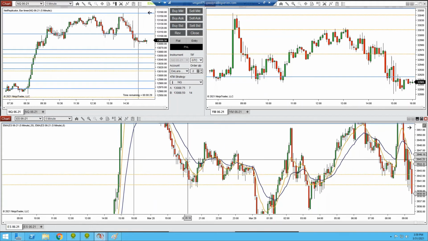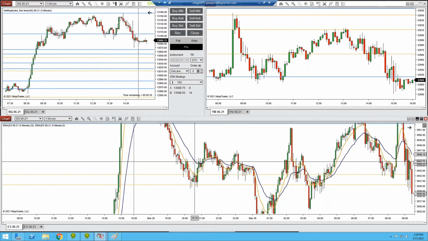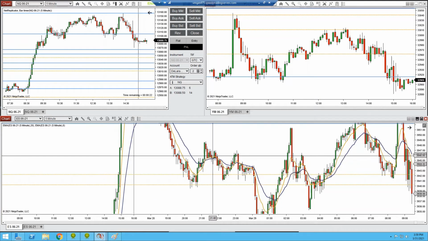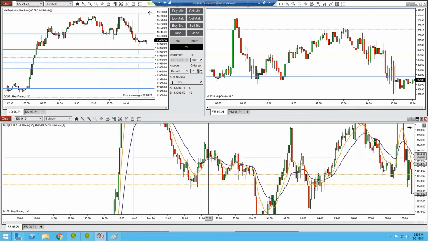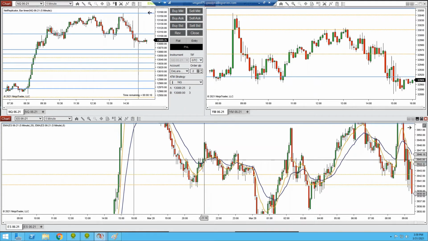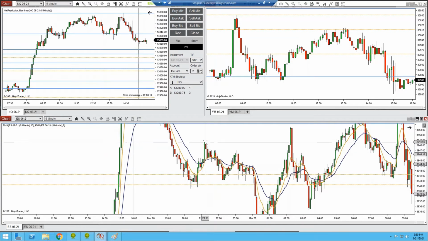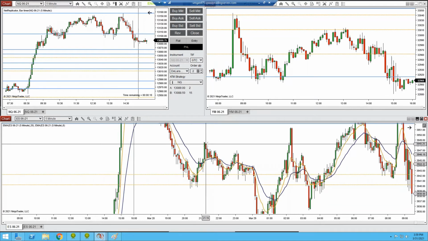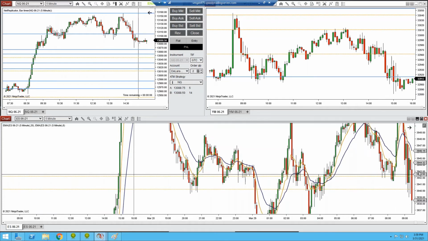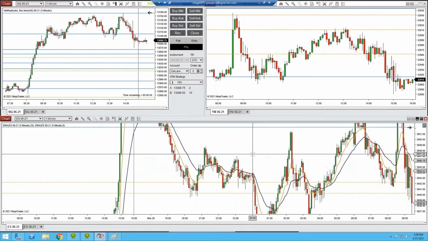So we come in here, you're looking at, okay, still short, and we start to see we're getting a long signal here because it crossed up. Trading with prediction points, you wouldn't want to take this long basically at the high of this candle, because when it closes, that's where we're at after the cross. You would want to wait until we see some sort of reaction from a prediction point.